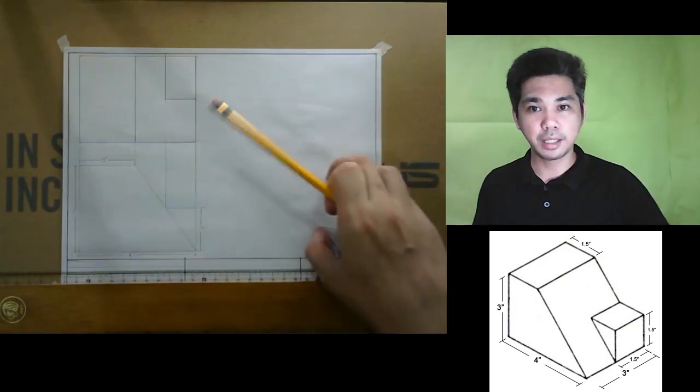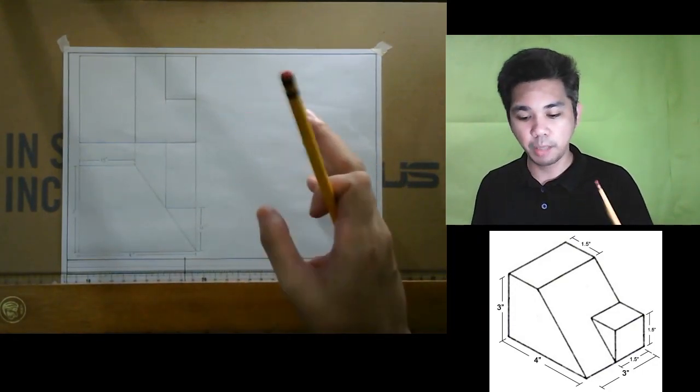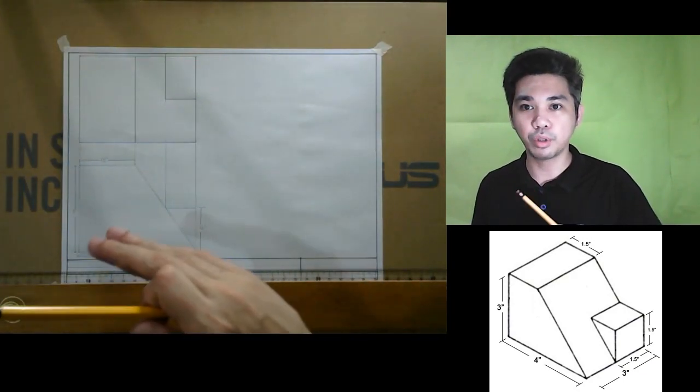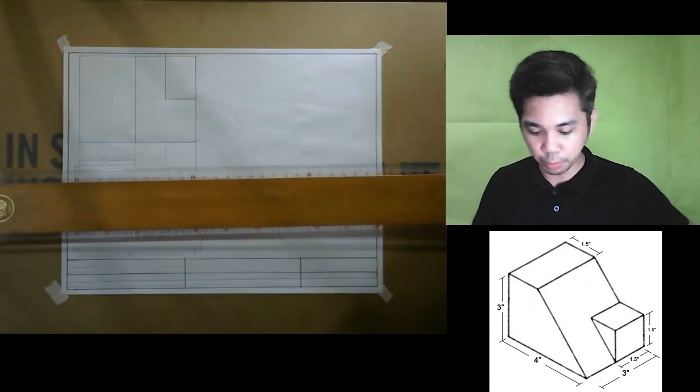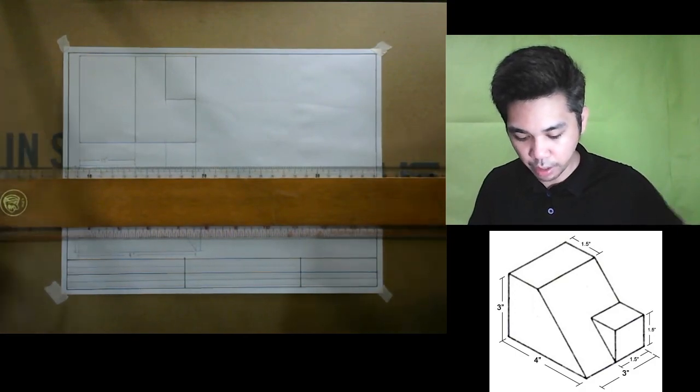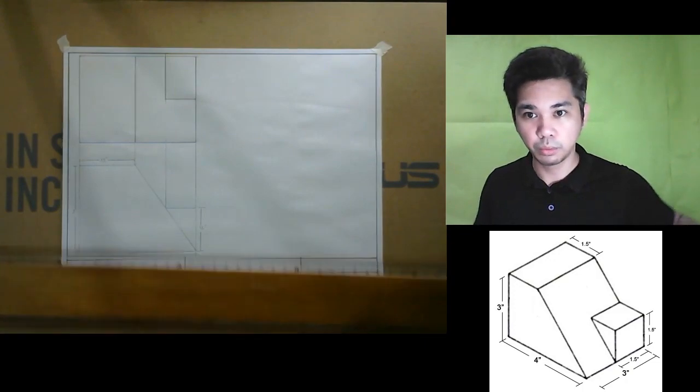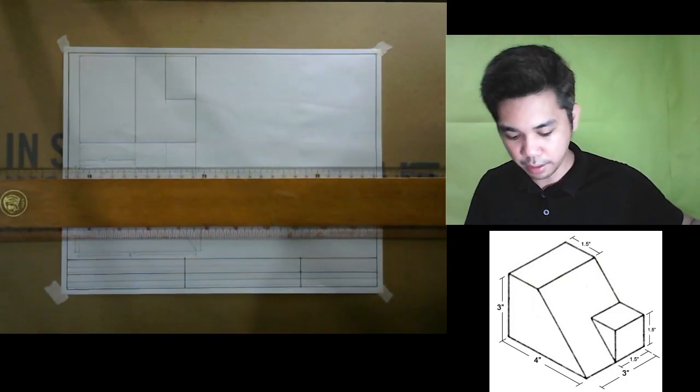Now to create the right side view, the same concept that applied to creating the top view in terms of projecting lines, we are also going to project lines going to the right. So from our front view, let us project those lines.